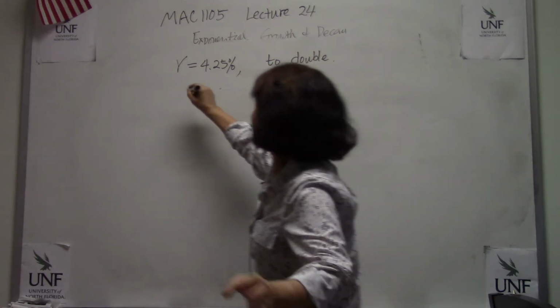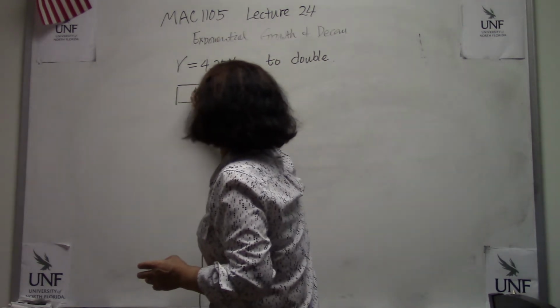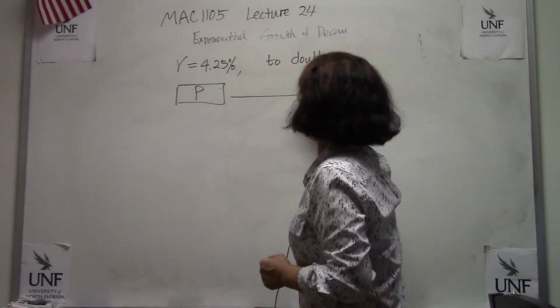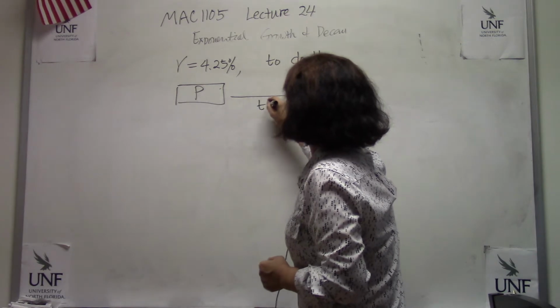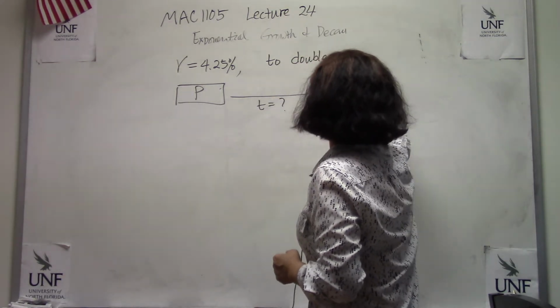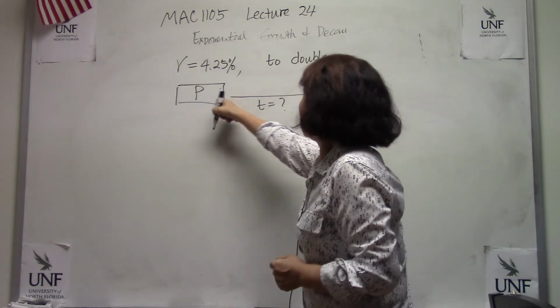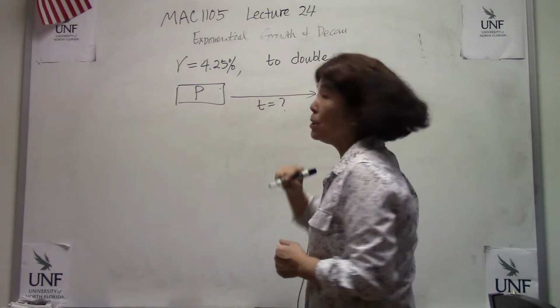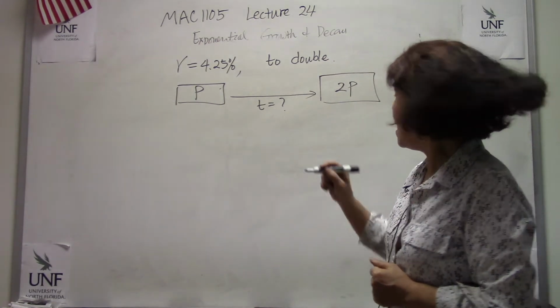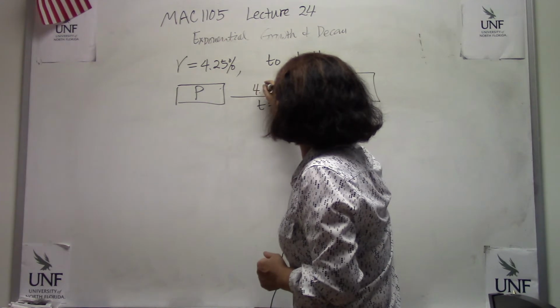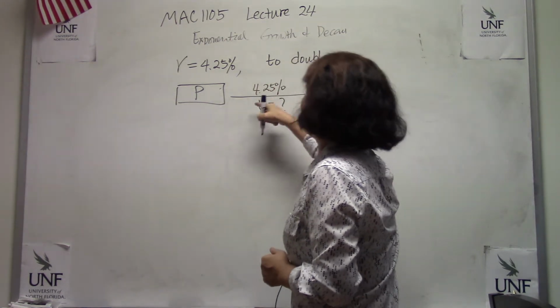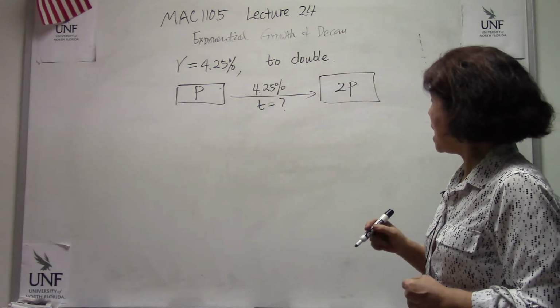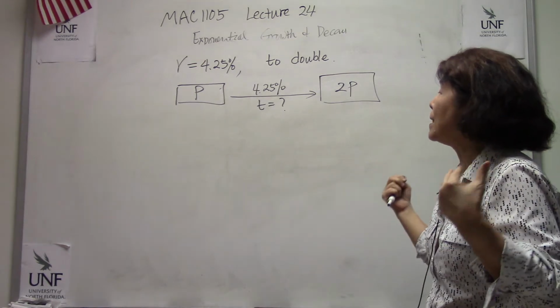So the big picture is that you start with the principal P. You don't know how many years it's going to take. Well, this money will double. So this is going to be what? You can say 2P. Is that right? Under what condition? 4.25% compounded continuously. So how are we going to find the T?